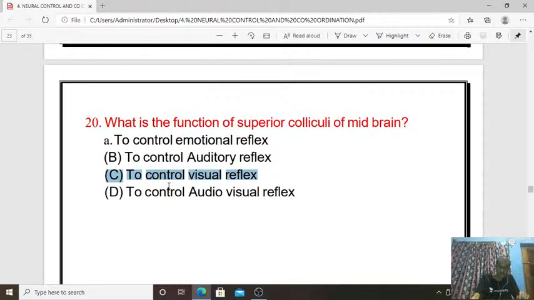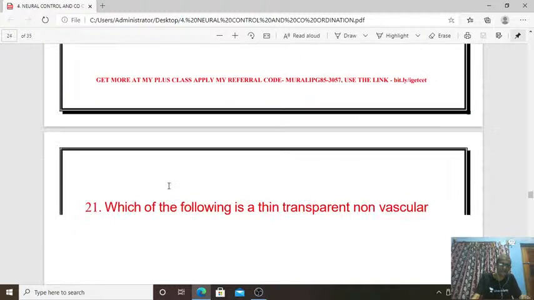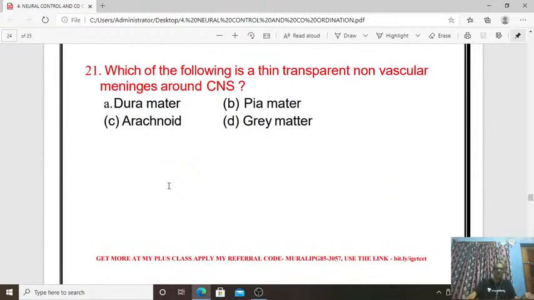Okay, for the 20th question. And 21st, which of the following is a thin transparent non-vascular meninges around CNS? CNS, central nervous system, brain.